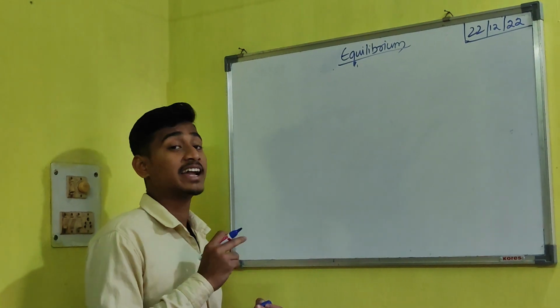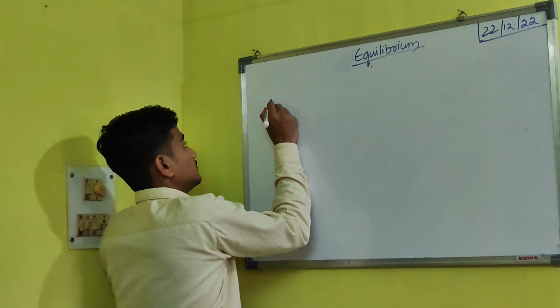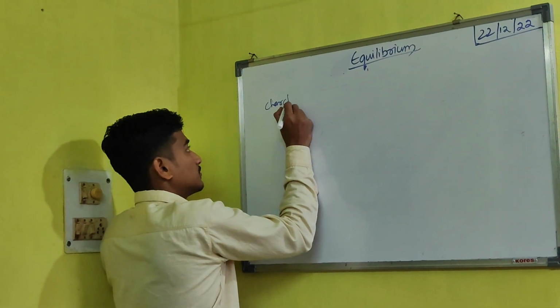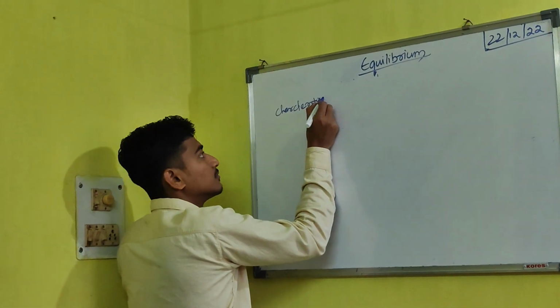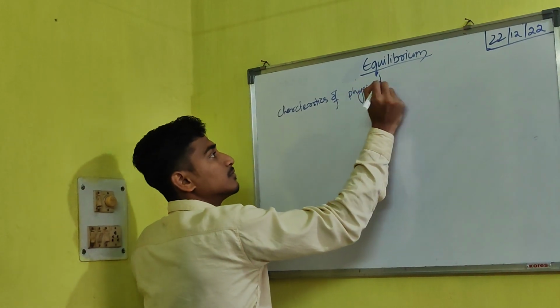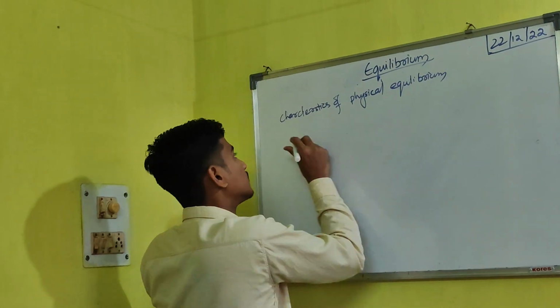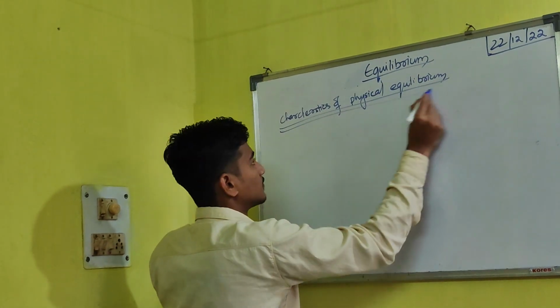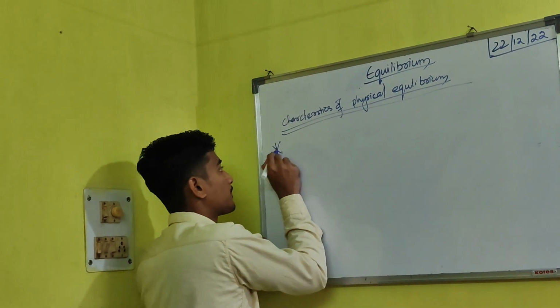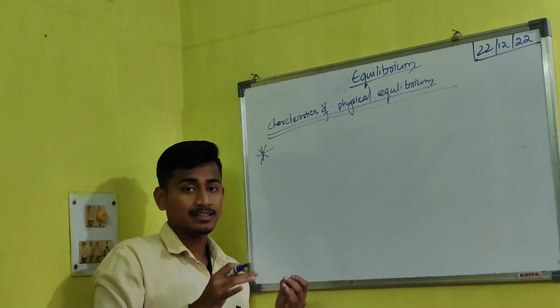Let's come to the characteristics of physical equilibrium. These physical equilibria all happen in a closed space.